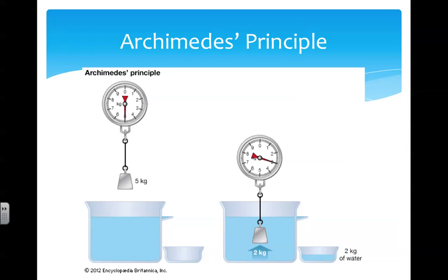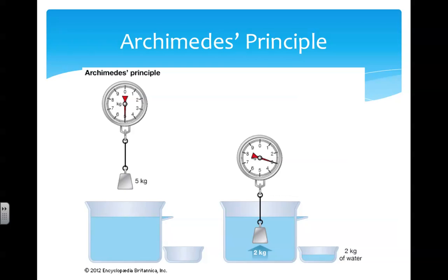The diagram shown illustrates both Archimedes' principle and apparent weight. First, a 5-kilogram object is hung from a scale. The spring scale reads the actual mass, 5 kilograms, which is 49 newtons. In the second picture, notice the object has been immersed in the fluid, or submerged, and this caused the water to overflow through the opening into another container.